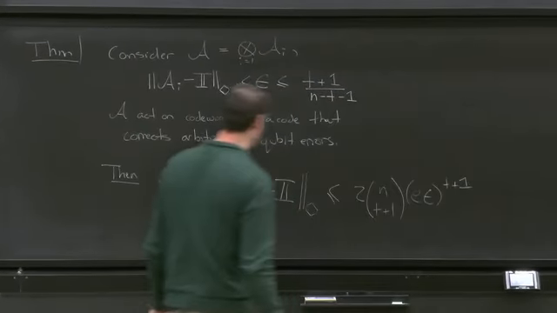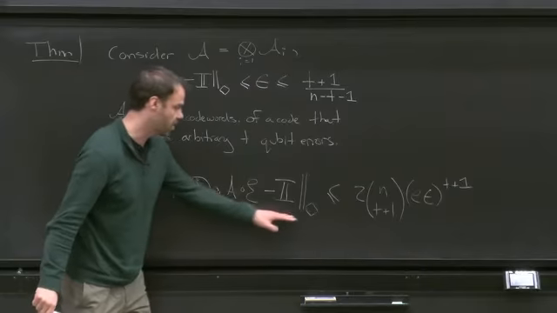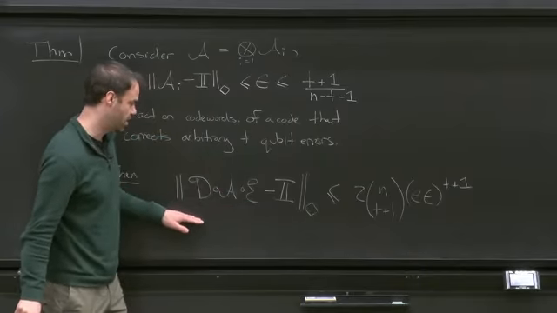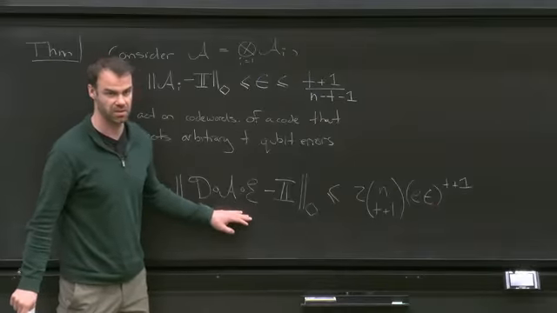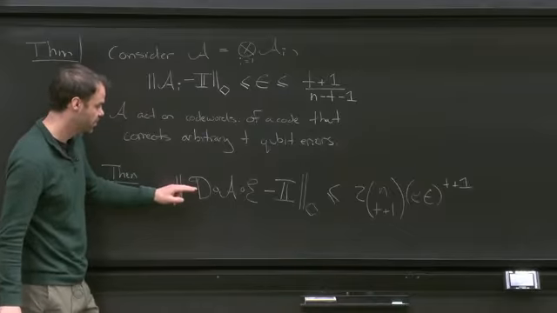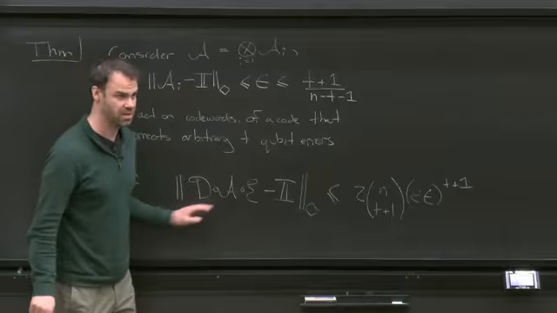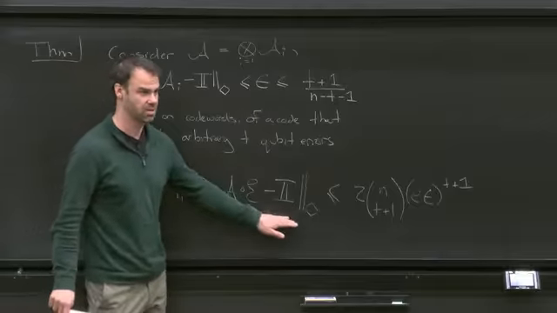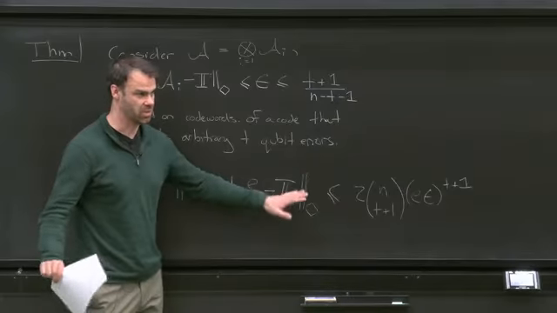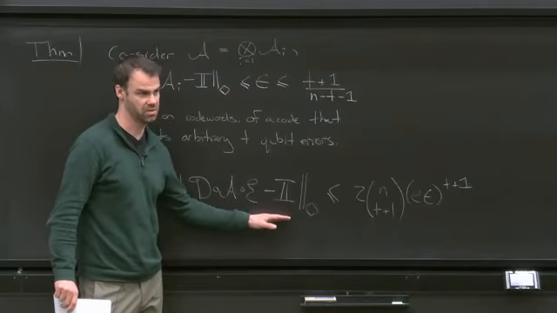Okay, so it's kind of a crazy looking thing, but let's break this down. So this is quantifying how well my code corrects this error, right? It's saying I do the encoding, I have the error, I try and recover. How close was all that to just doing nothing, right? If my code is working perfectly, it's fixing all the noise, then this should be 0. This diamond norm should be 0.